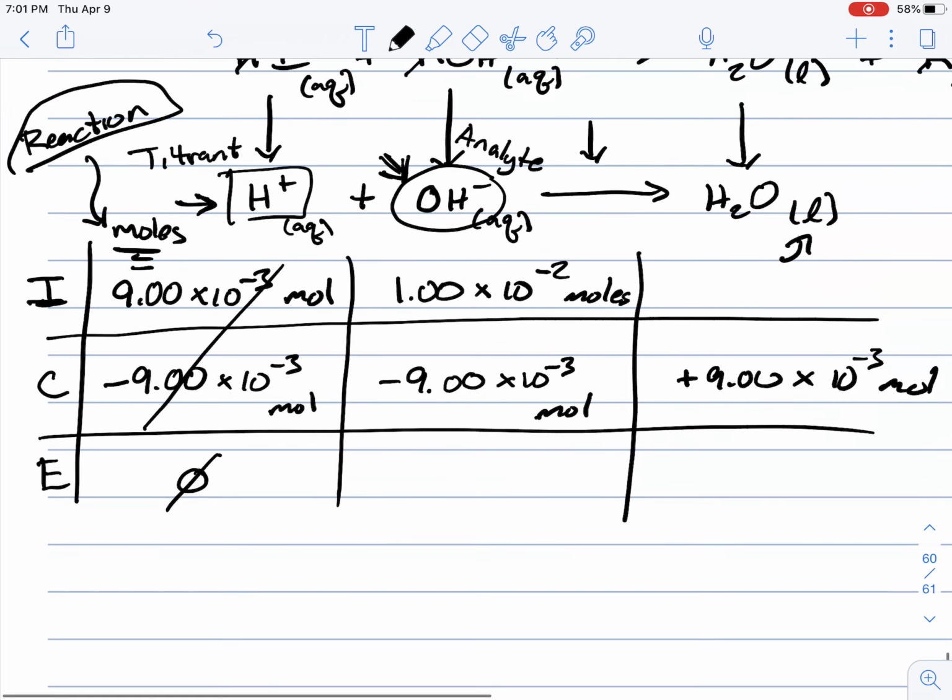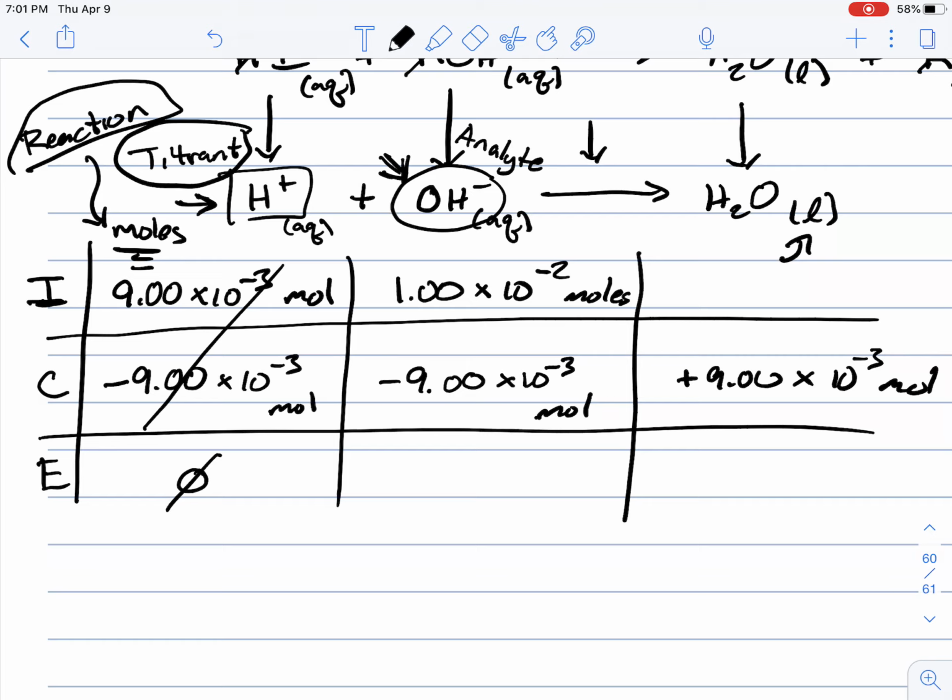Remember, acid was our titrant. So the amount of titrant that we added into the Erlenmeyer flask was completely neutralized by equal amounts of the hydroxide. If 9.00 times 10 to the negative 3 moles of the hydroxide was consumed in the process, then we simply subtract these two values to get the equilibrium amount in terms of moles.